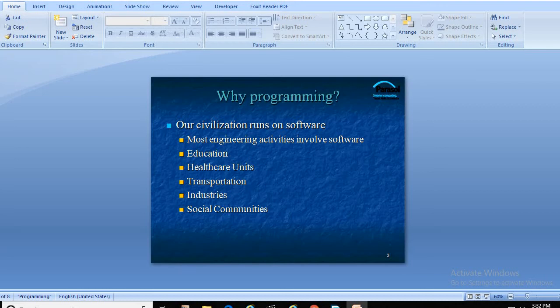Assume a scenario where a patient is suffering, or is serious, and the ventilator needs to be activated. And if that ventilator is not activated at the particular time when the patient needs it, what will happen? Obviously, there are more chances of catastrophe. The patient can lose his life.